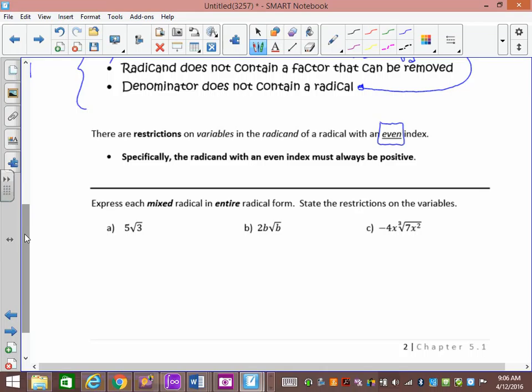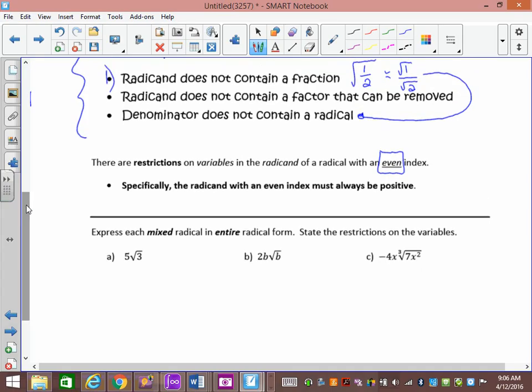You can't fourth root a negative number. You can cube root a negative number. Now, why is that? If I take the cube root of negative 27, I can actually find that because it's negative 3 times negative 3 times negative 3, and I can just pull a negative 3 out, and that would be my answer, right?